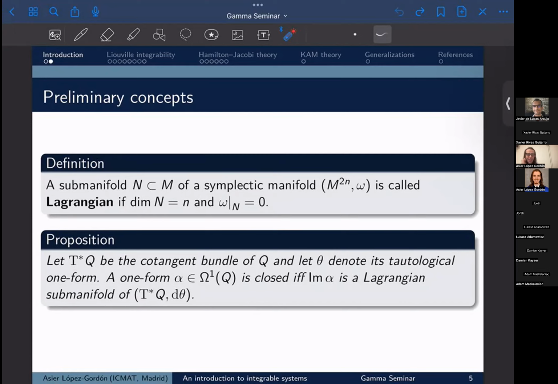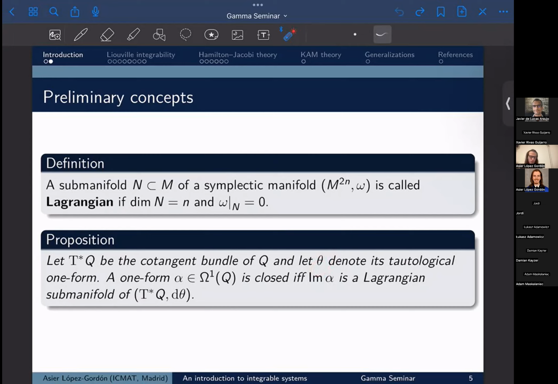Okay, thank you. Well, for instance, one of the many things among everything that is a Lagrangian submanifold, I have written this proposition as an example. So consider the cotangent bundle T*Q of a manifold Q, and let theta denote its tautological one-form.